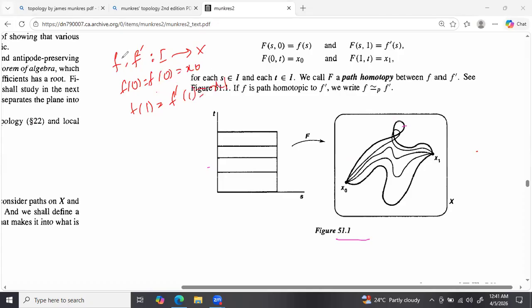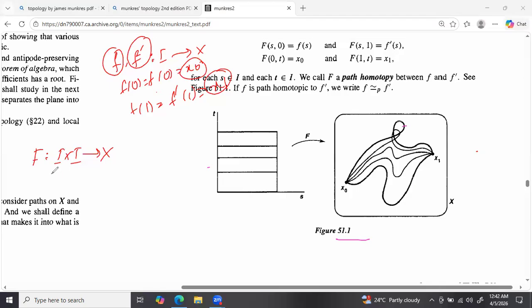They are saying f and f prime, the two paths from I to X, are path homotopic if the initial and terminal points are the same, and there exists a path homotopy, a continuous map from I cross I to X. And I cross I, what is I cross I?